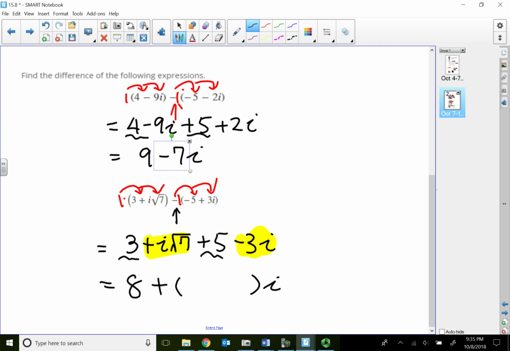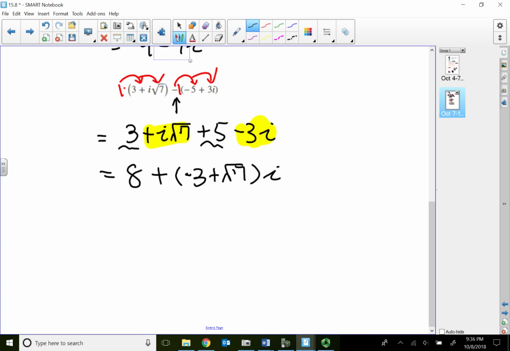So that leaves me with a -3. I'm going to put my -3 in front of the radical and the positive square root of 7. You can write it this way. That will be correct.